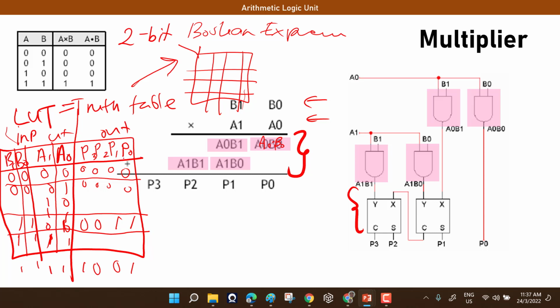Good, answer a bit louder. Correct. Looking into the output. How many outputs do we have here? 4. So for P0 you need to do 1 K-map. P1 you need to do 1 more K-map. P2 1 more K-map. And the size of the K-map: what is the size of your K-map? What is the number of cells that your K-map has?